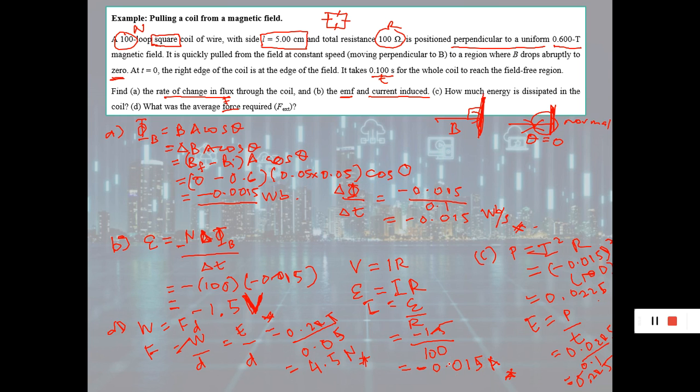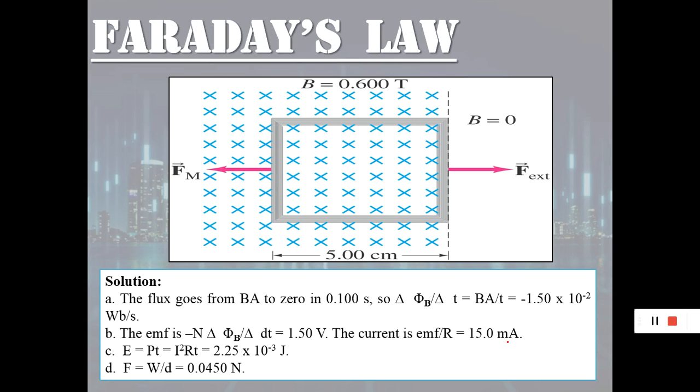This one is ampere. If we want to convert the 0.015 from ampere to milli, it is 100. So there is a correction for this answer. This is wrong, so you need to correct it. It will affect the questions C and D.